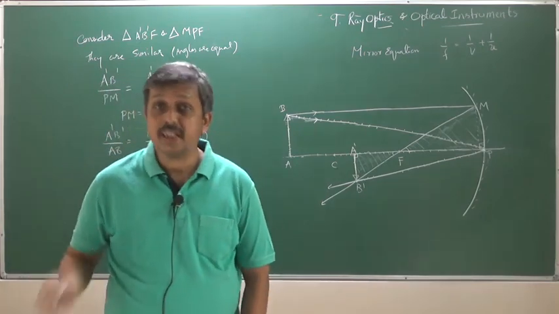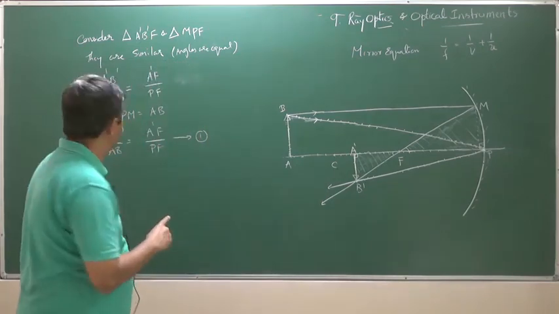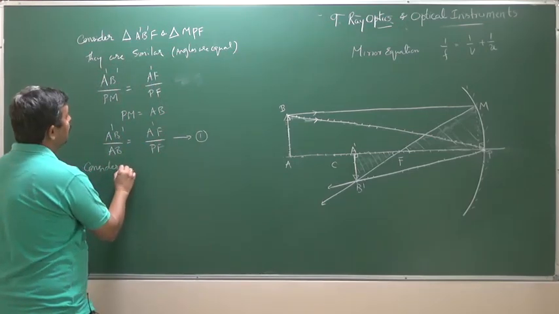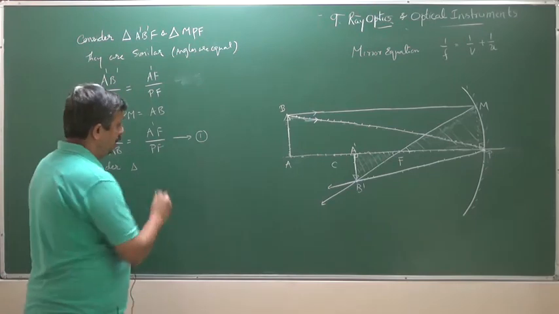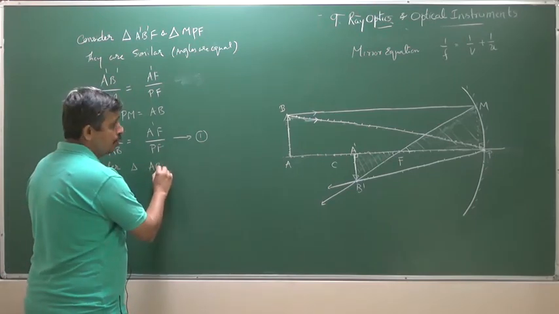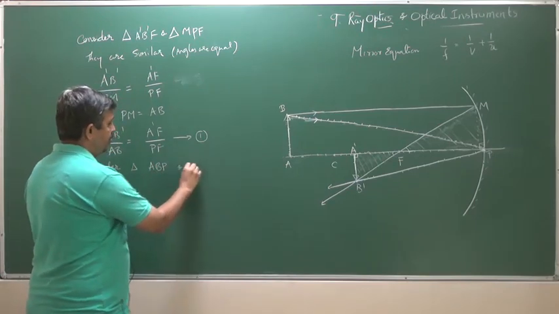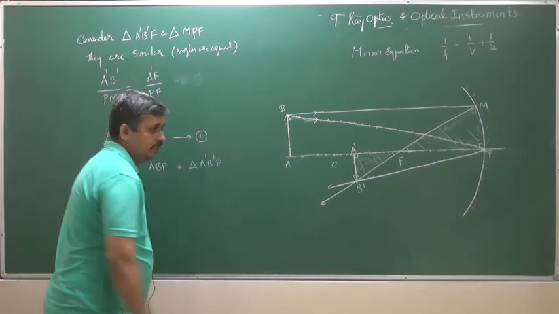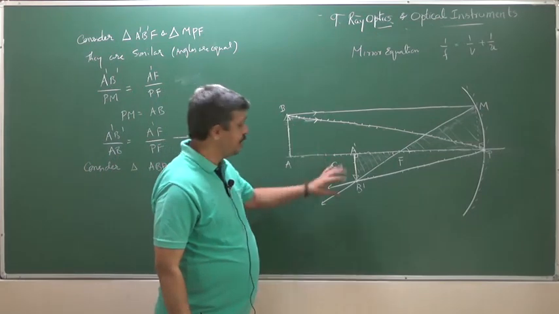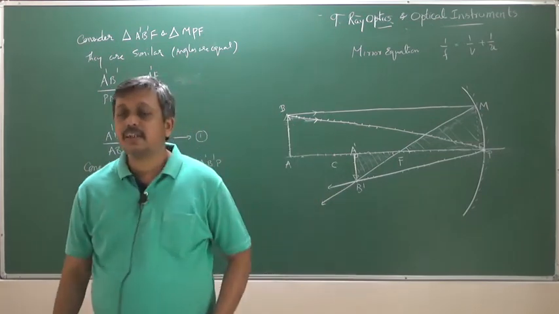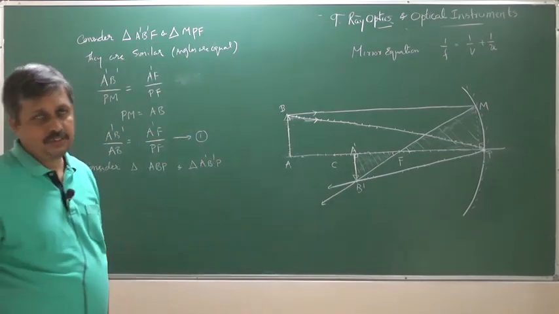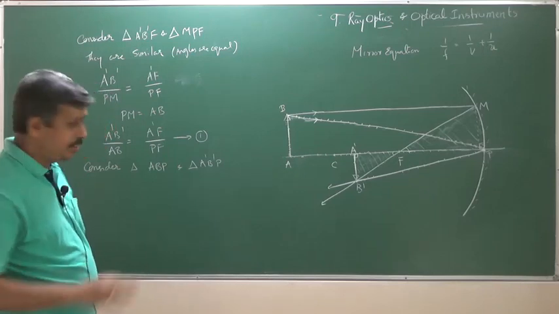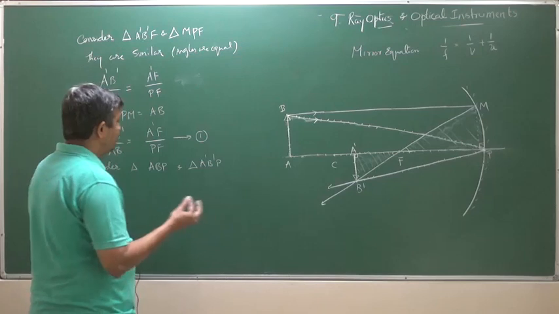Now we consider the other two triangles. Consider triangle ABP and triangle A dash B dash P. So one triangle involving the object, another triangle involving the image. Are they similar?